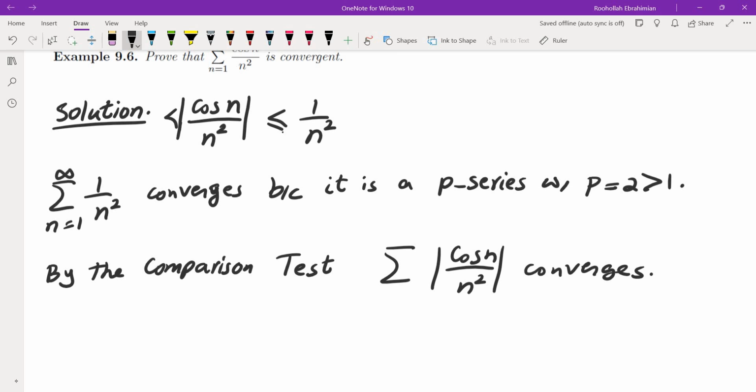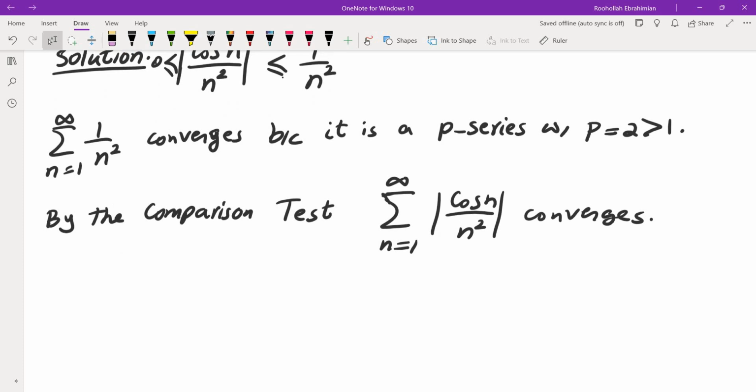Now, since I'm using the comparison test, I have to make sure that both sequences are non-negative, and that's why I put greater than or equal to 0 in the beginning here. And when we do that, we realize that this converges.